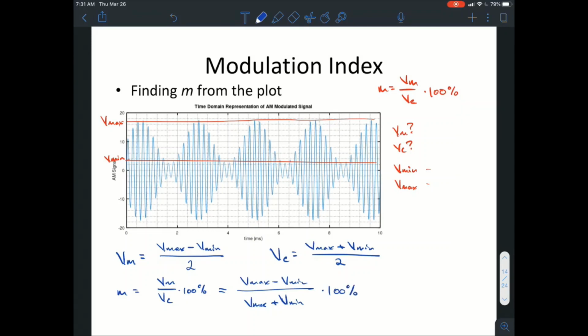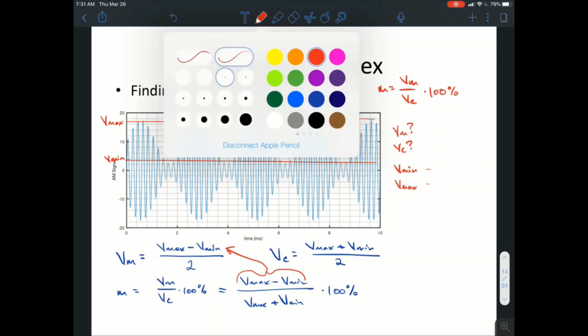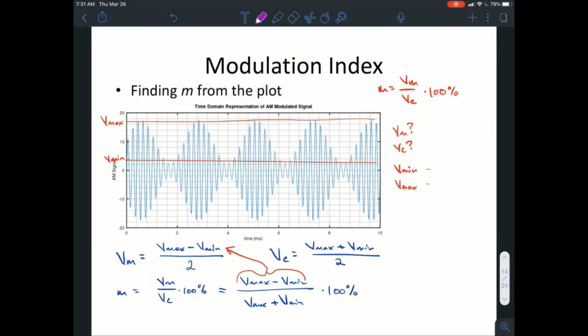And that's just from substituting in the different values and doing some simplification. That comes from here, and that comes from there.